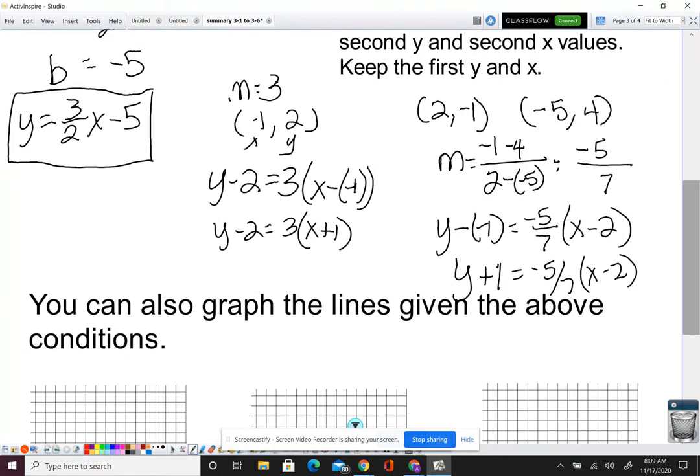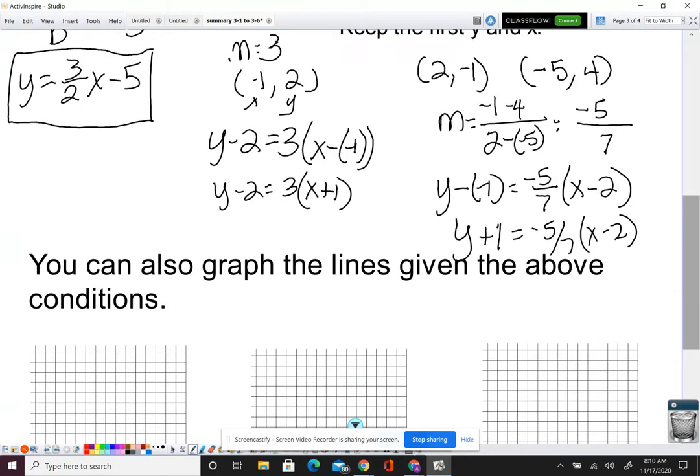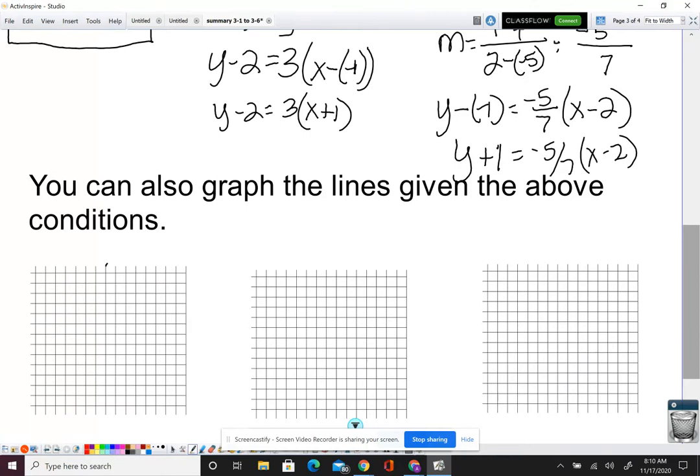Now, they also want you to graph the lines from the given conditions that you were given. So the first one was a y-intercept of -5. So on my graph, I'm going to go down -5, -1, 2, 3, 4, 5. Here's my y-intercept at -5.